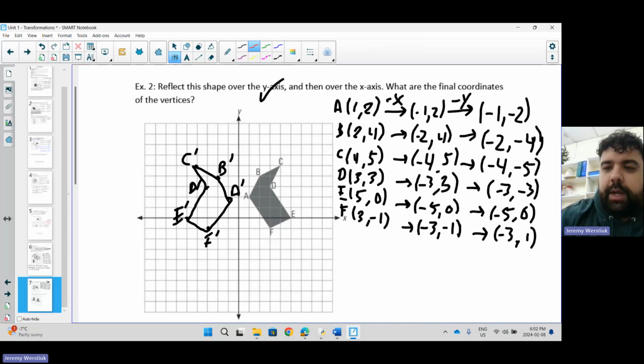And I might draw this one in red just to show you the difference. My A is going to be there. My B coordinate's going to be right there. My C coordinate right there. D is going to be there.